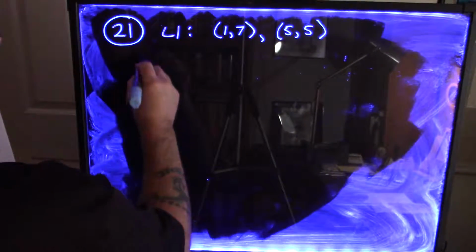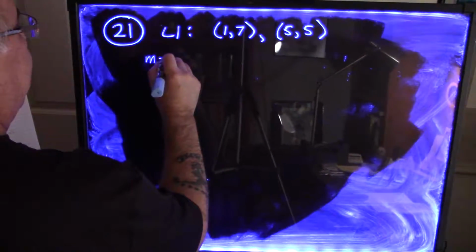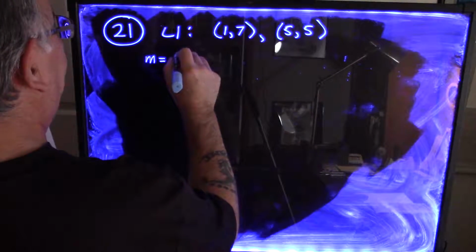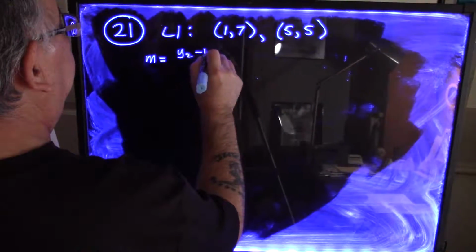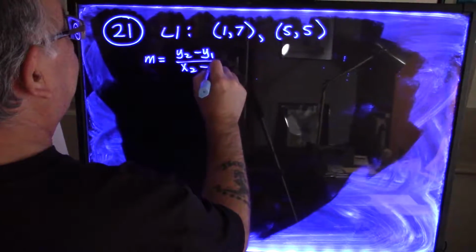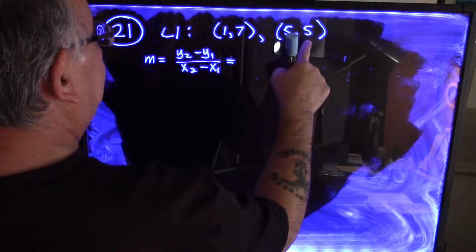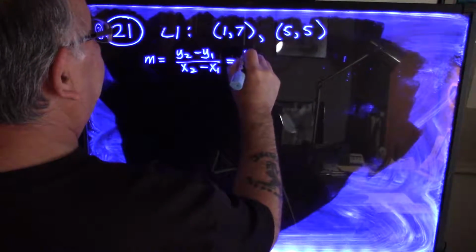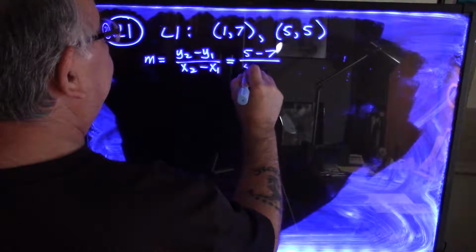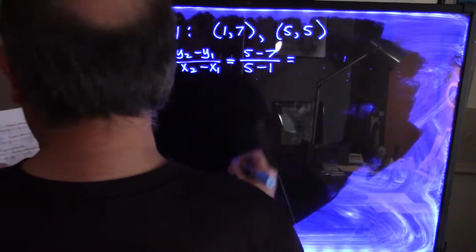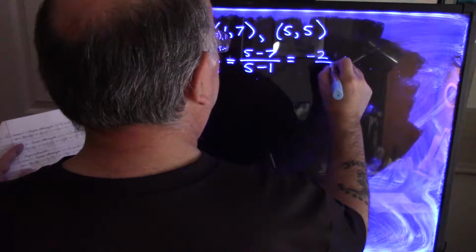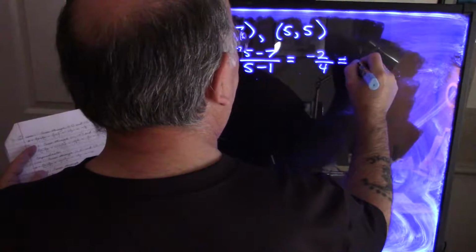Okay, so the slope m of the line going through those 2 points is going to be y2 minus y1 over x2 minus x1. So that equals 5 minus 7 over 5 minus 1. And that equals negative 2 over 4, which reduces to negative 1/2.